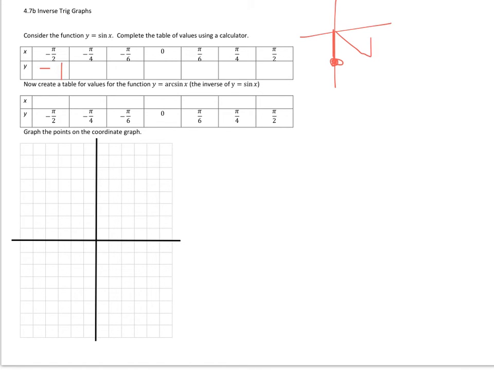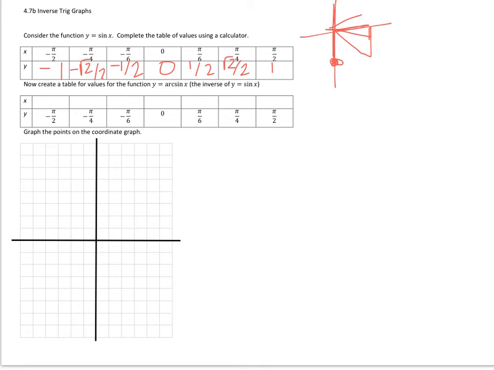Negative pi over 4, now that's negative radical 2 over 2. Negative pi over 6, now my opposite side is negative 1/2. 0, I'm at 0. Pi over 6, positive 1/2, positive radical 2 over 2, and positive 1 as I work my way up.